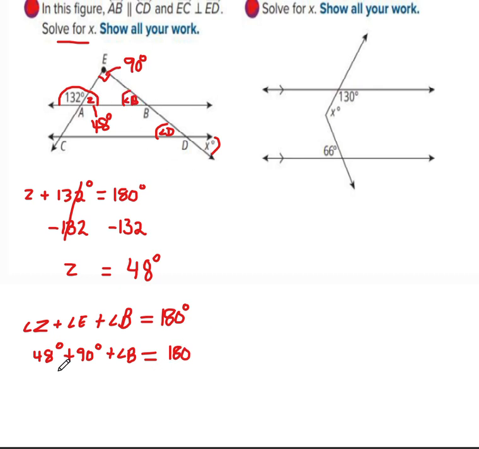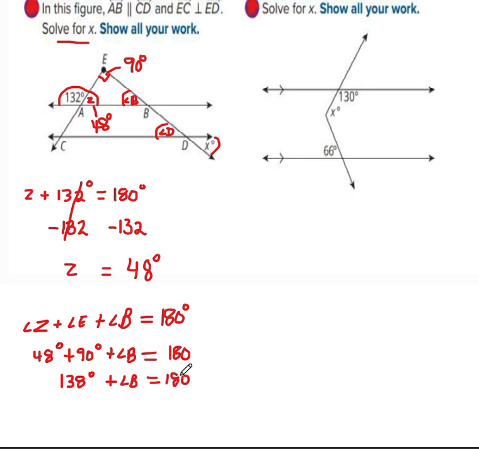So when we add 48 degrees to 90 degrees, we get 138 degrees. So this will be 138 degrees plus angle B, and this will be equal to 180 degrees.